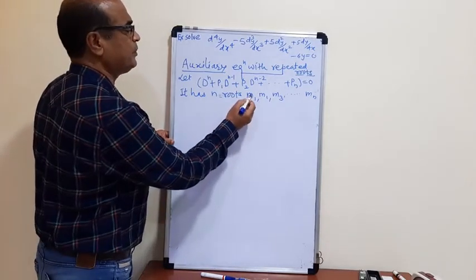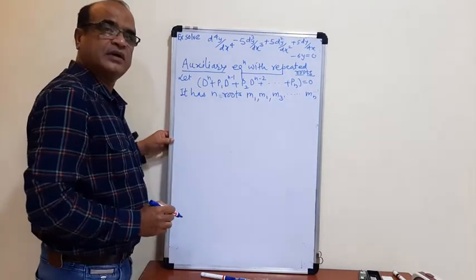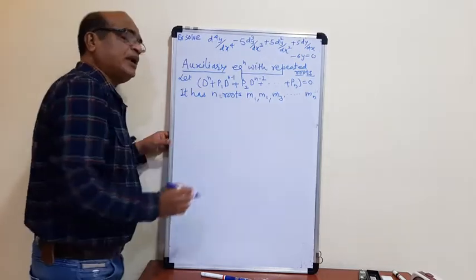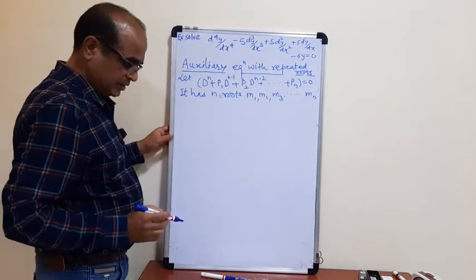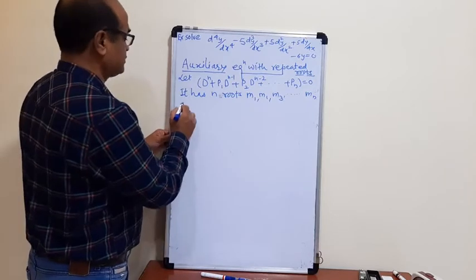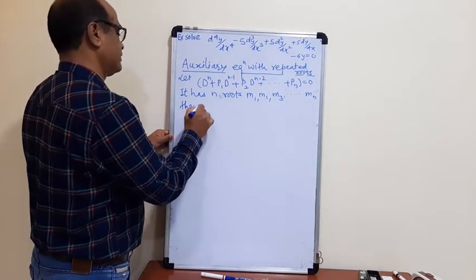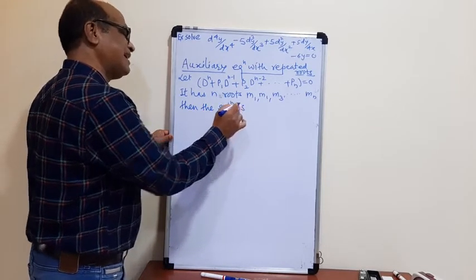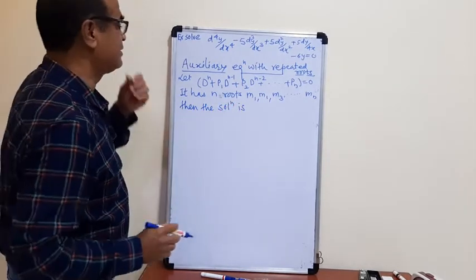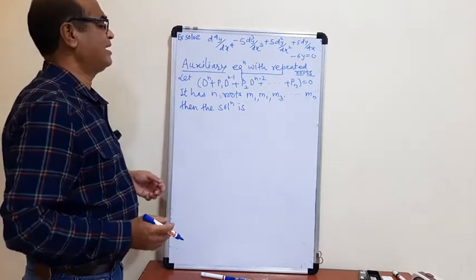So m1 is repeated 2 times here. If a root is repeated twice, then what is the solution of that equation? We directly write it here without solving; it is not necessary to solve here.